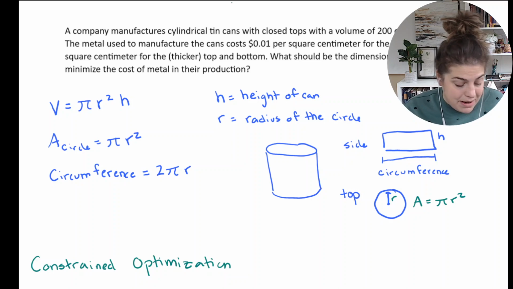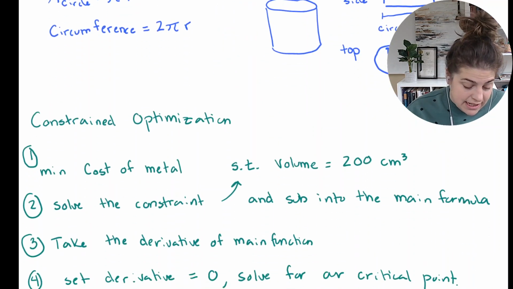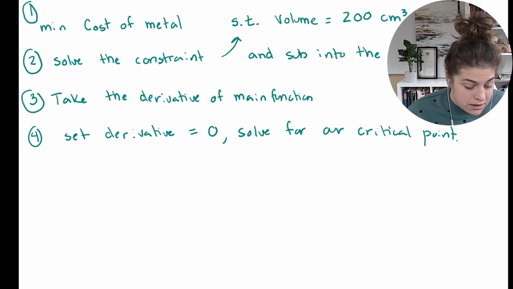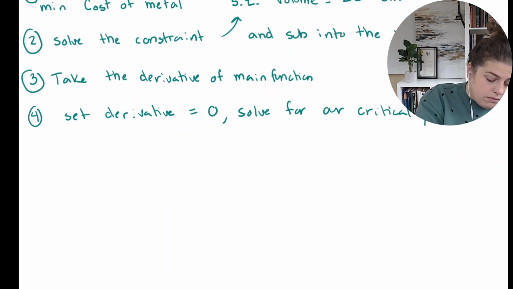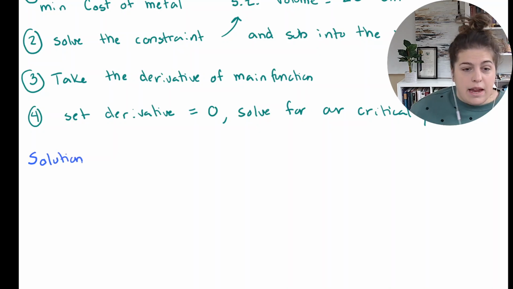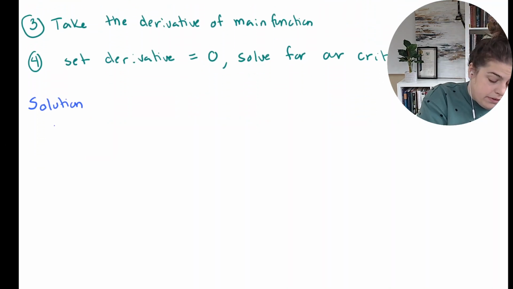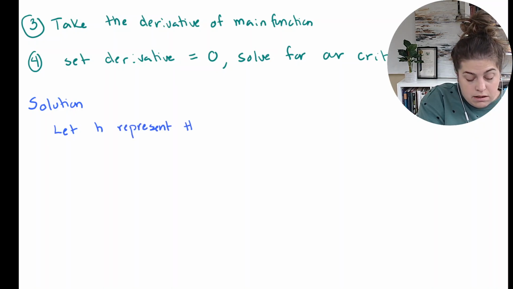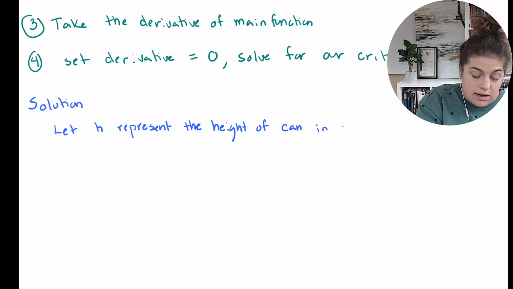Okay. Now, if this was an exam question, we'd always want to start by defining our variables. So our solution is that we would say, well, let H represent the height of the can in centimeters.